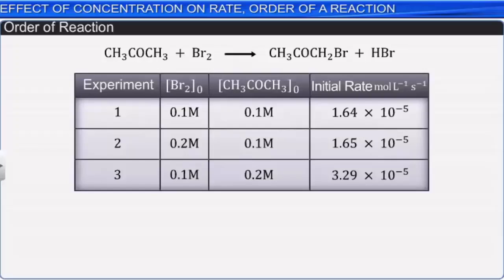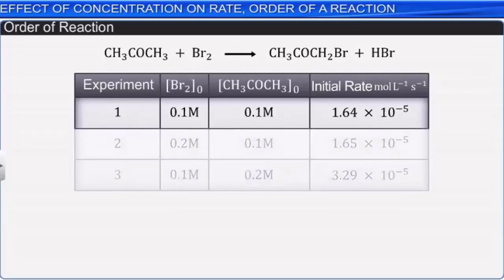Let us write the rate equations for all the three experiments. For experiment 1, rate 1 is equal to K multiplied by 0.1 to the power y multiplied by 0.1 to the power x. Let this be equation 1.